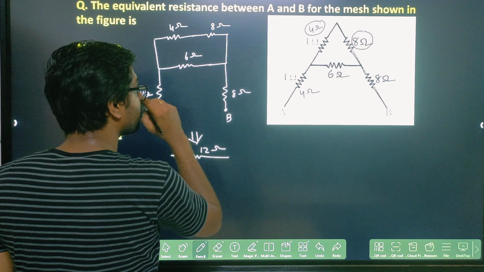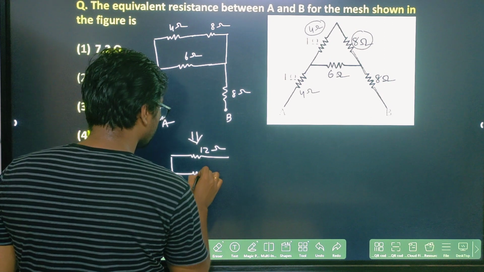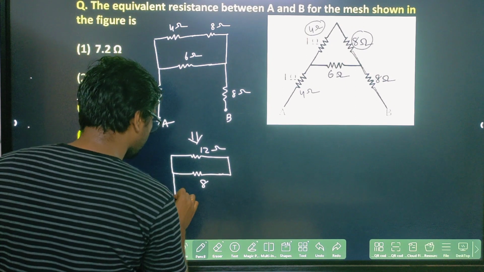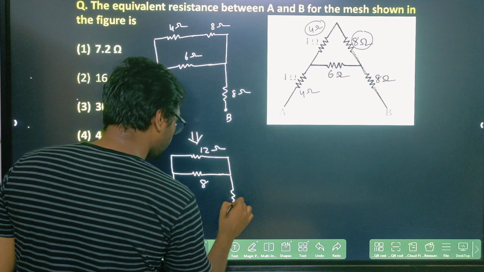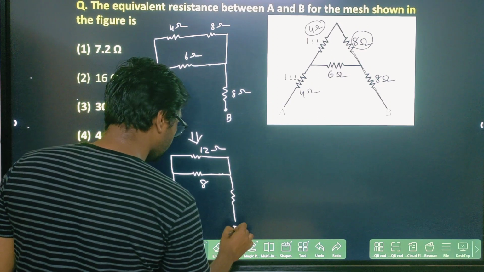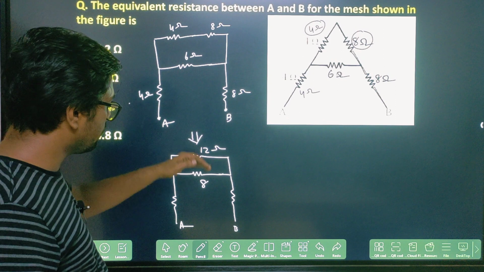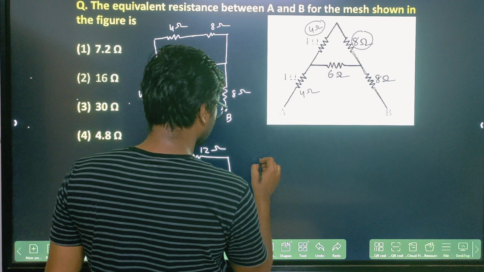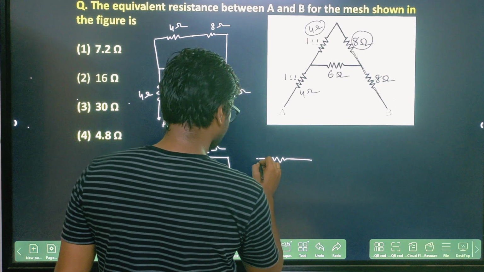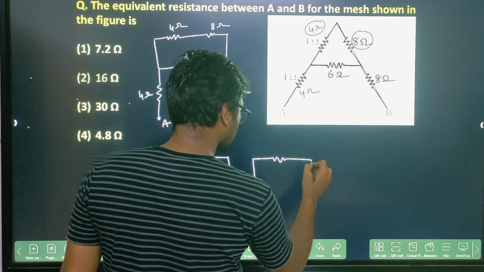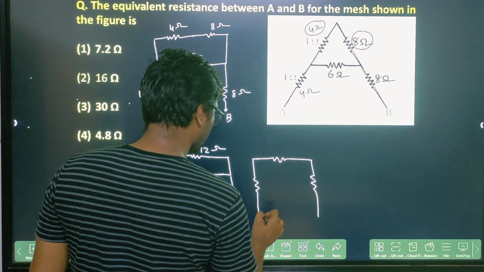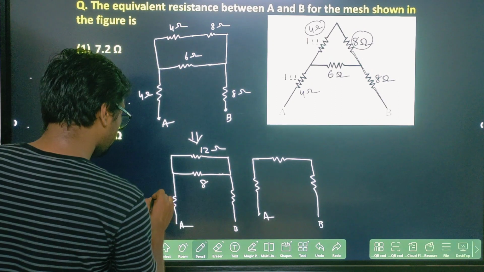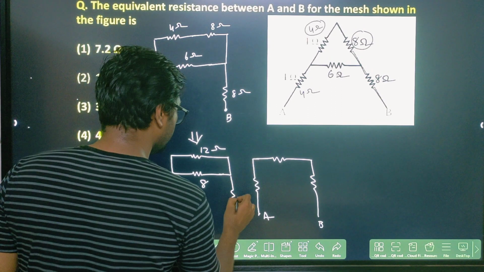Now here it is connected to an 8 ohm resistor. Step by step we are going. This will be A, this will be B. Now 12 ohm and 8 ohm are in parallel, so I write only one resistor here, which is the equivalent of 12 ohm and 8 ohm, and here it will be 4 ohm and here 8 ohm.